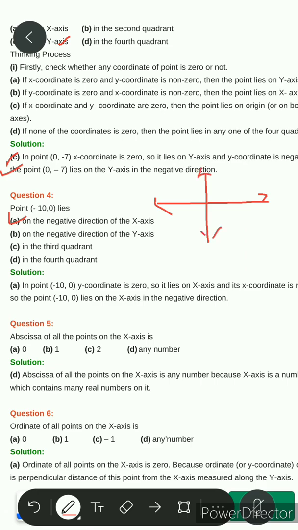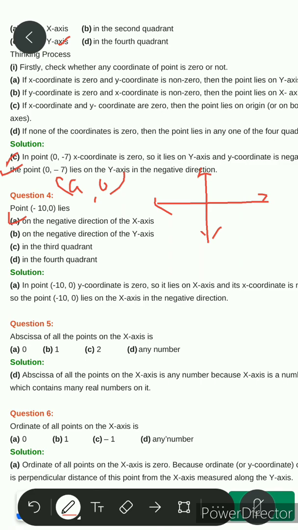As I told you, on the x-axis, points like a, 0 lie, and on the y-axis, the points are 0, b. Question number 5. Abscissa of all the points on the x-axis is, it can be any real number, because these are the real number lines which we have kept perpendicular to each other.